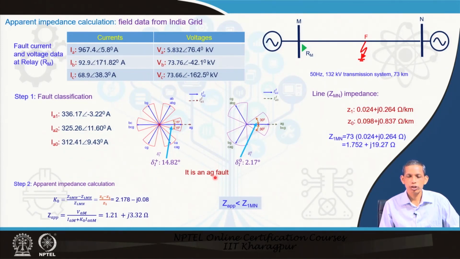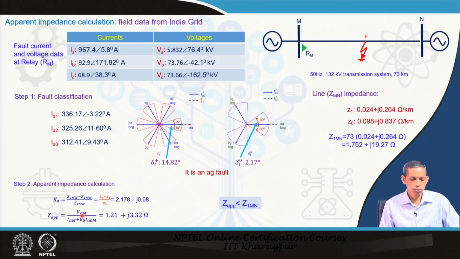We know that the corresponding voltage and currents will be used for that: VA upon IA plus K naught I naught. For that we require K naught, which can be obtained from the data. Consider this to be 2.178 minus j 0.08, the sequence compensating factor.